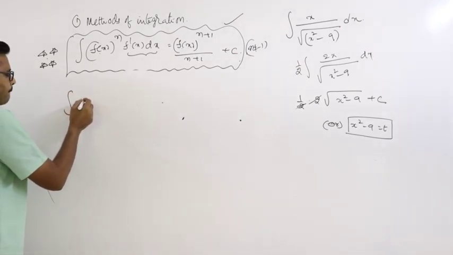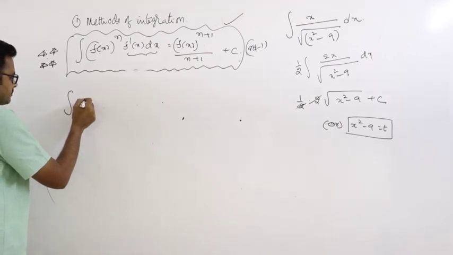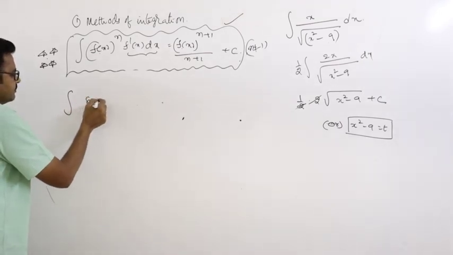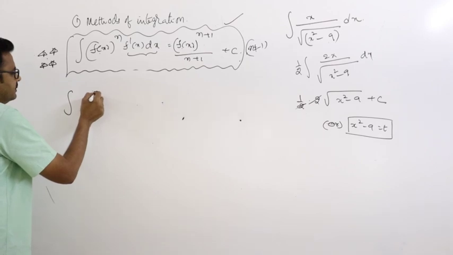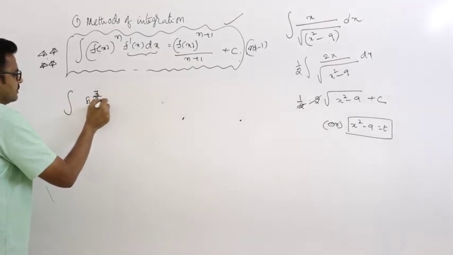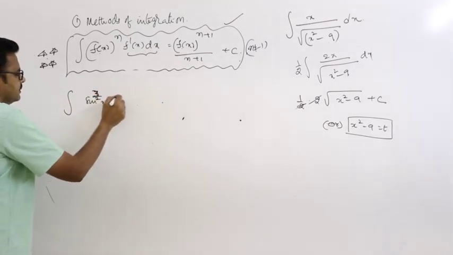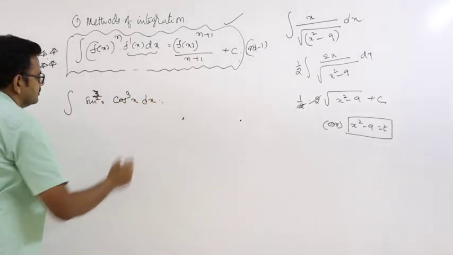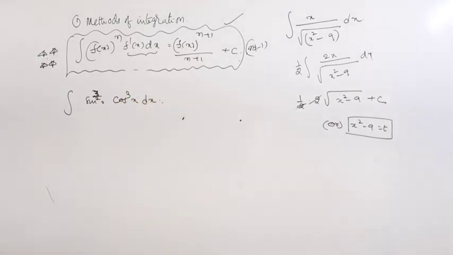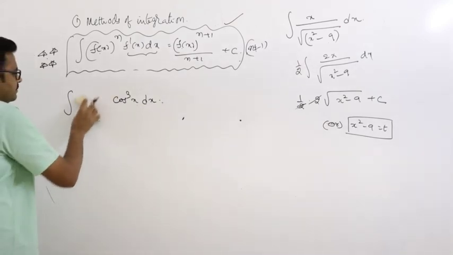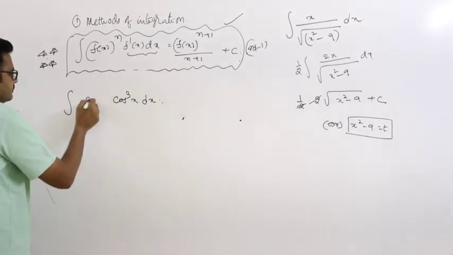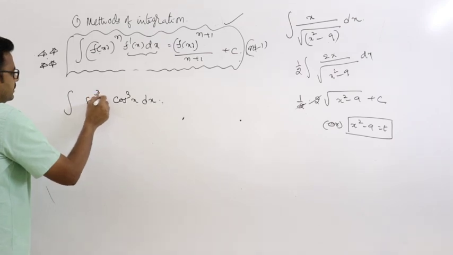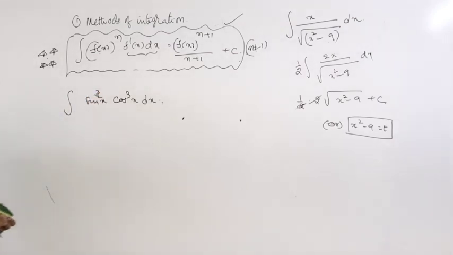Integral sin power 3 by 2 x into cos cube x dx.